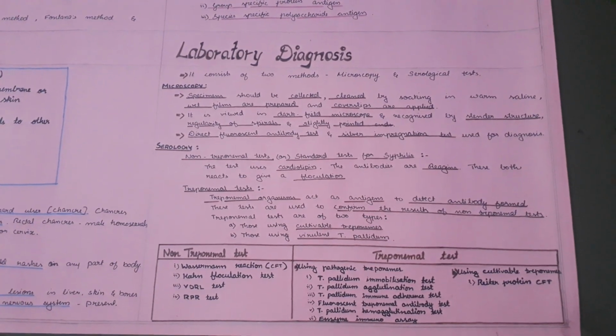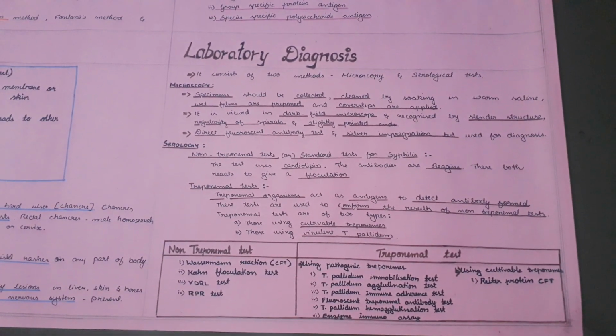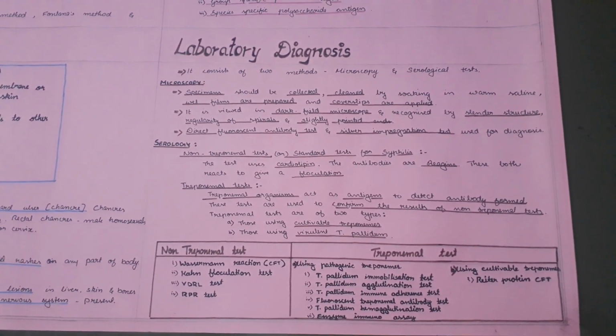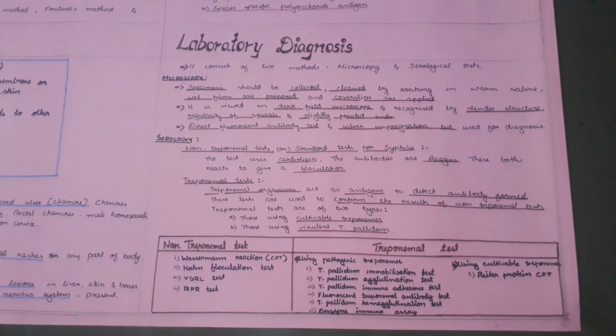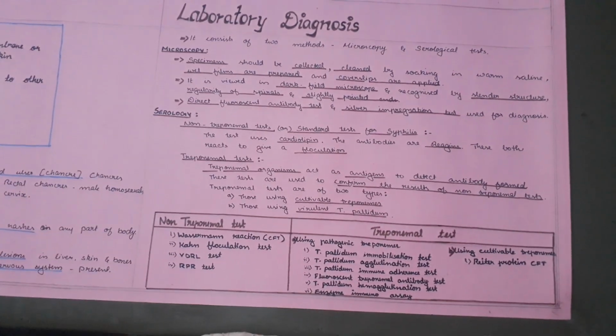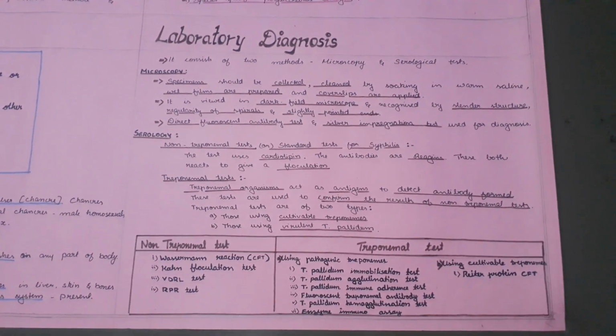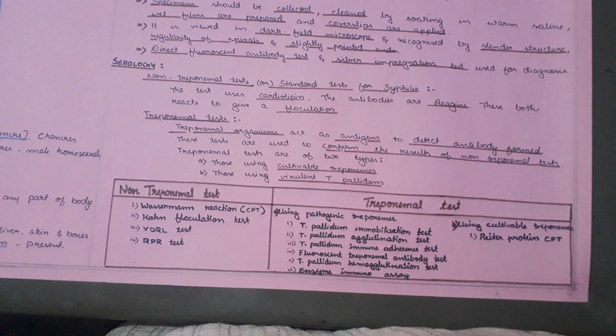Treponemal tests are of two types, those using cultivable treponemes and those using virulent Treponema pallidum. The tests coming under non-treponemal tests are Wassermann reaction, also known as CFT, Kahn flocculation test, VDRL test and RPR test.